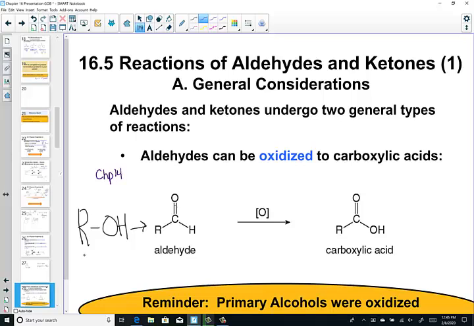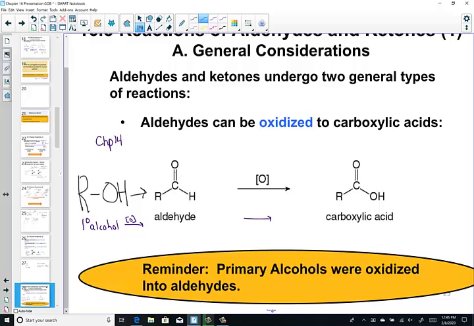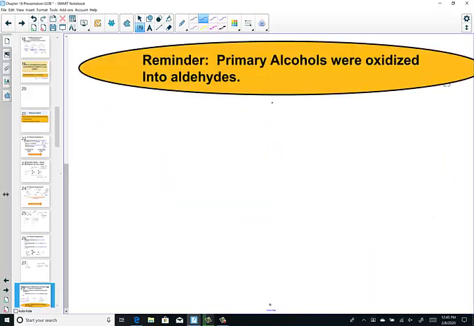We said specifically a primary alcohol can be oxidized, and that O just means oxidation, into an aldehyde. And it can be further oxidized into a carboxylic acid. I want to remind ourselves what we knew from chapter 14 and carry it forward with us.